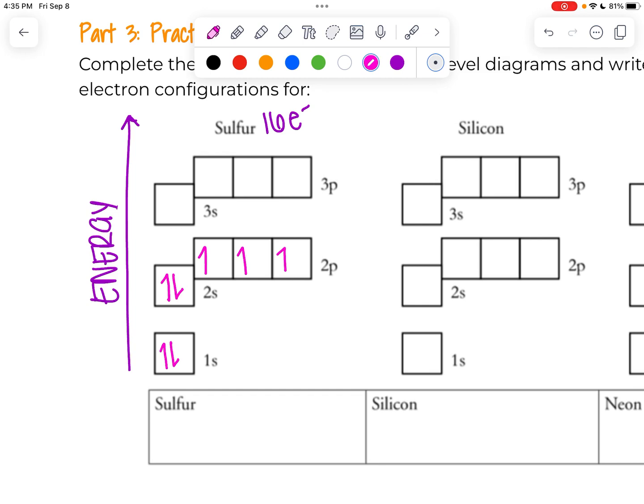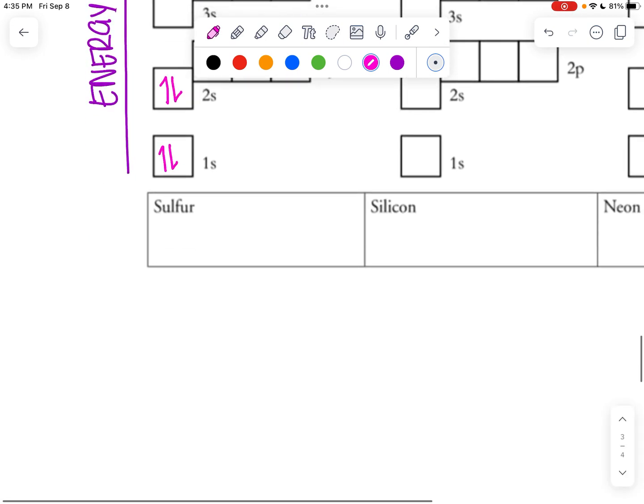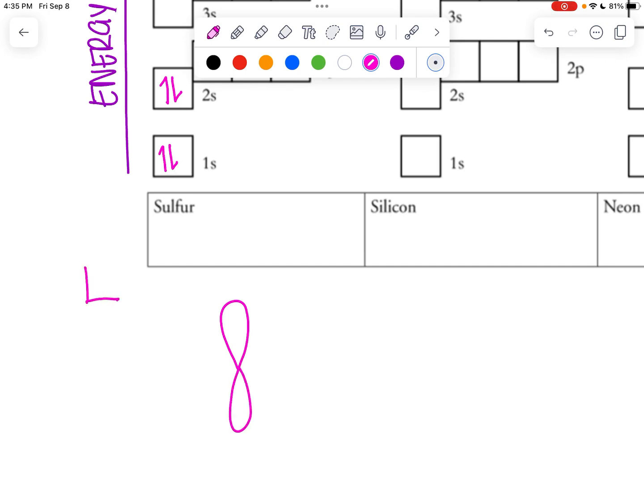So why would it do this? Why wouldn't I just double up into 1? It's all about repulsion. So think about how these electrons are oriented within a p orbital. Let me draw out my little diagram here.